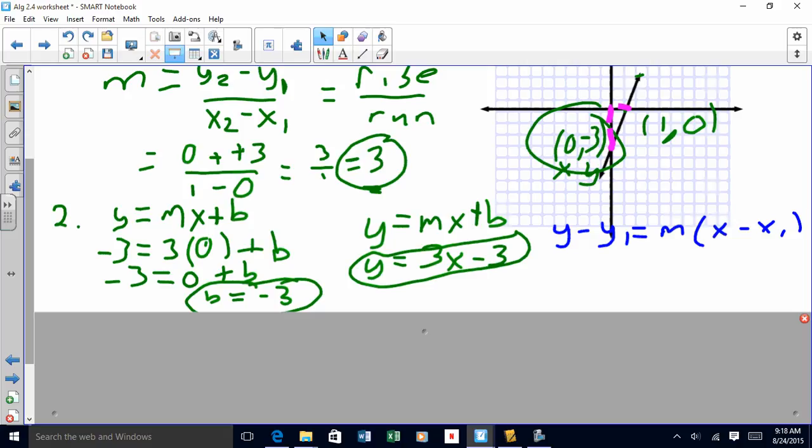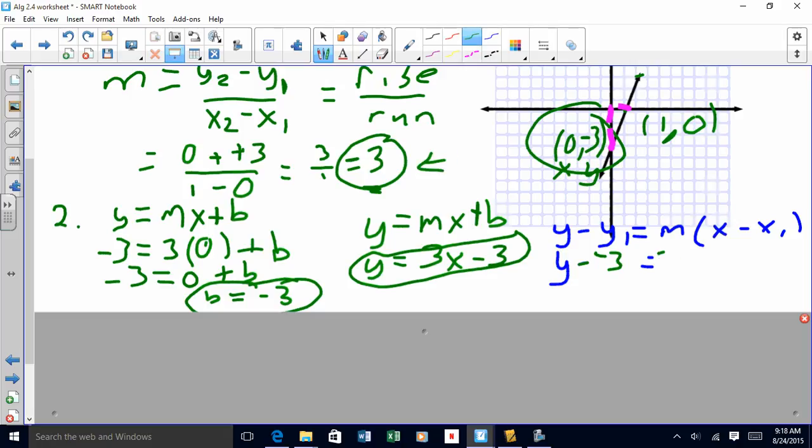But now I would have y minus, and if I pick the same point, minus negative 3 equals m, which we know is 3, and then quantity x minus 0, since we know from our point that x1 is 0. And that's the point slope form of the line. It's the exact same equation, just it looks different.